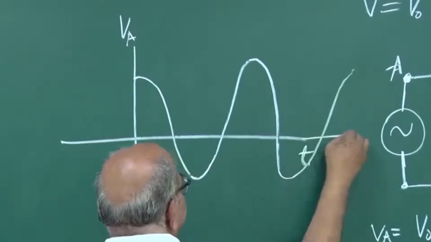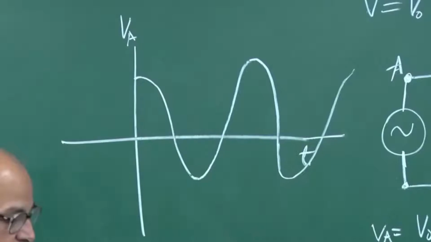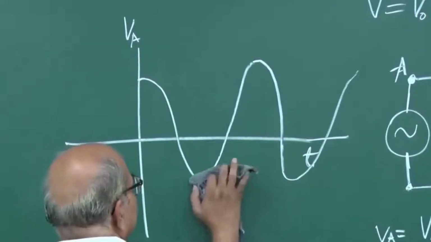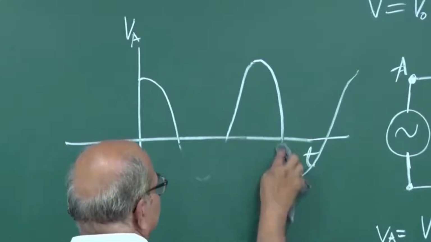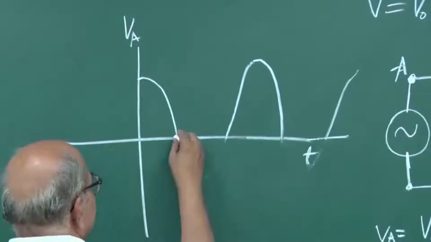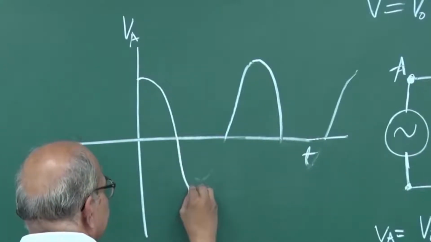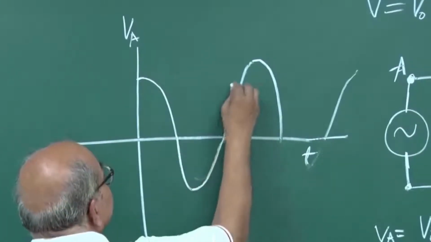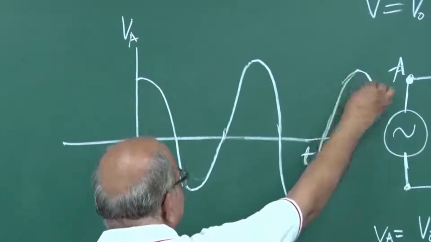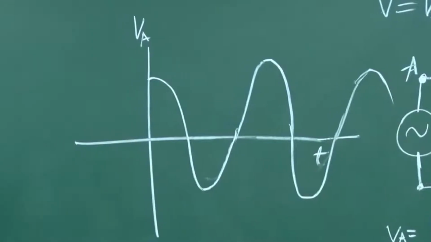Okay, it's not a good drawing, but you bear with me. Let me try to improve. This should go to the same height, so let it be up to here, then again up to here, and so on. All right.